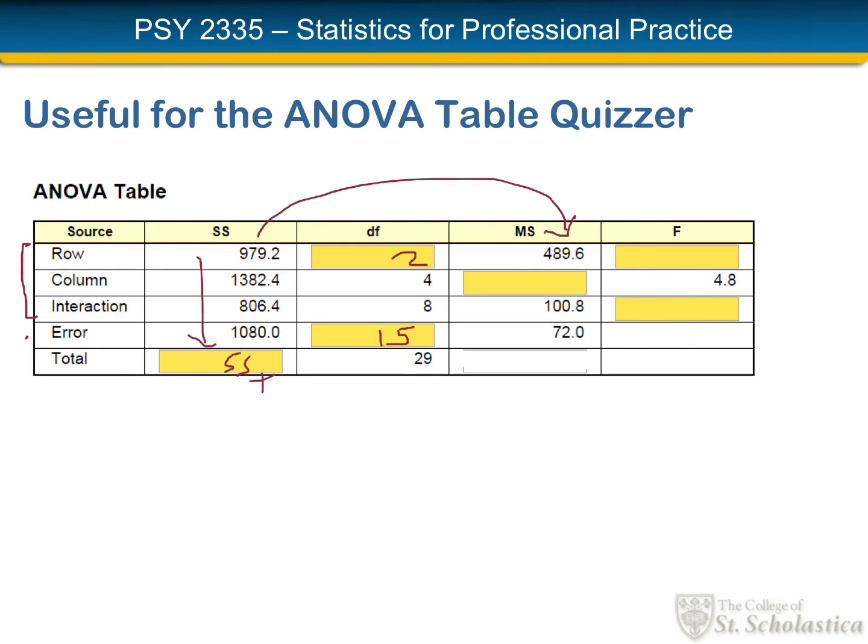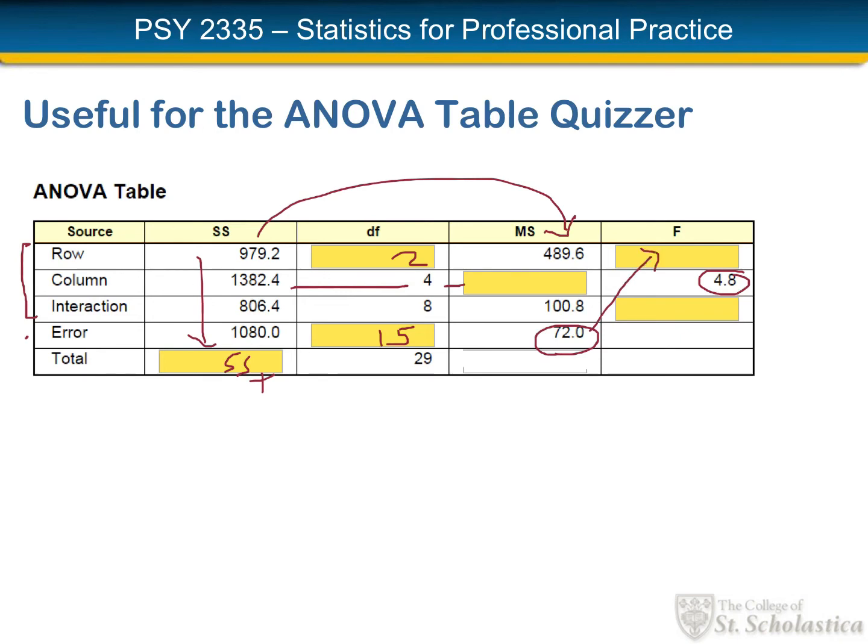Going across, I would take 1382, divide it by 4, and I would get my mean square here. I can see that that mean square, whatever it is, divided by the 72, that's my mean square within, generates that F test. Here, when I've done my mean square, I would divide by 72, and that would generate an F test there.